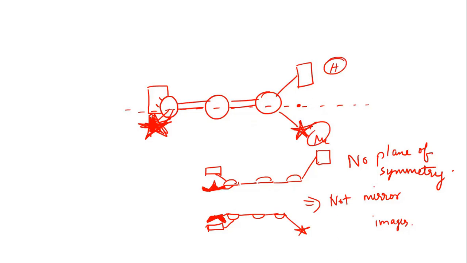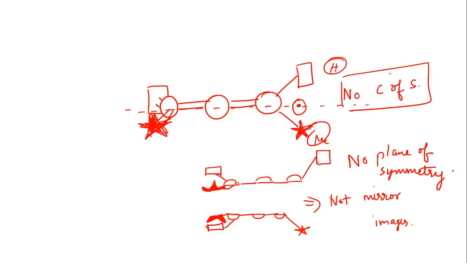We have two different groups on either side of the cut, which means we don't have a center of symmetry. We have to look from the center: we cut the molecule into two and see whether both sides have the same thing. If we have the same thing, then there is symmetry. But here there is a methyl group, and here there is a hydrogen atom, so we don't have a center of symmetry.